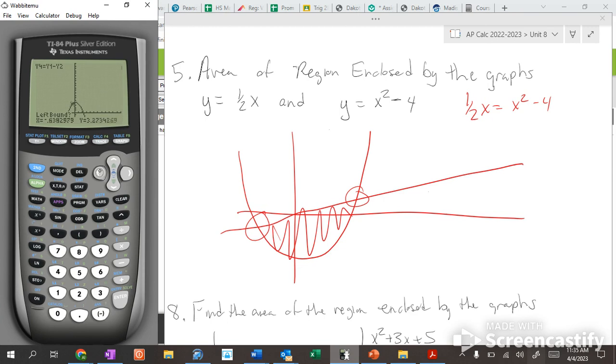Or you could just go straight to here and figure out where it crosses the x-axis. This crosses at negative 1.7656. And then on this side, second trace, 0. Find the 0 of the function.